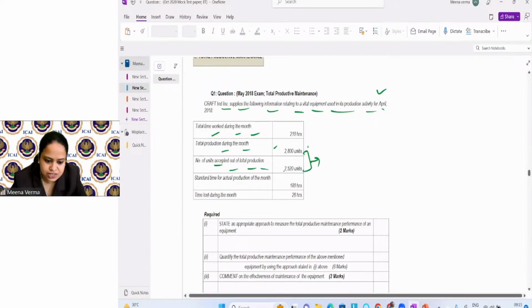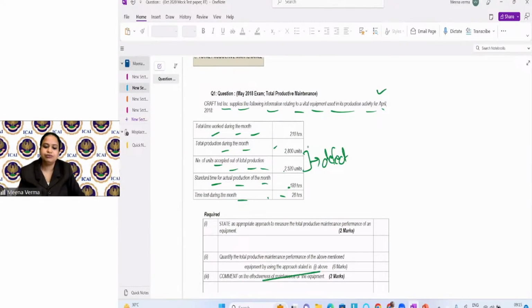That means the difference is defect. So total good unit is given and the total production is given. Standard time for actual production is given and time lost during the month is given. What you have to do here, calculate the effectiveness of maintenance of the equipment. That means find OEE.